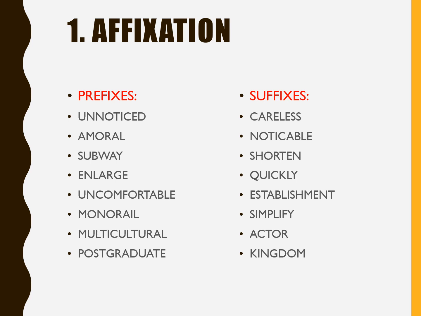So let's clarify the first type of word formation, affixation. Affixation consists of adding derivational affixes. It can be prefixes, infixes, suffixes, interfixes to roots or stems to form new words. So we have two main types of affixation in the English language.